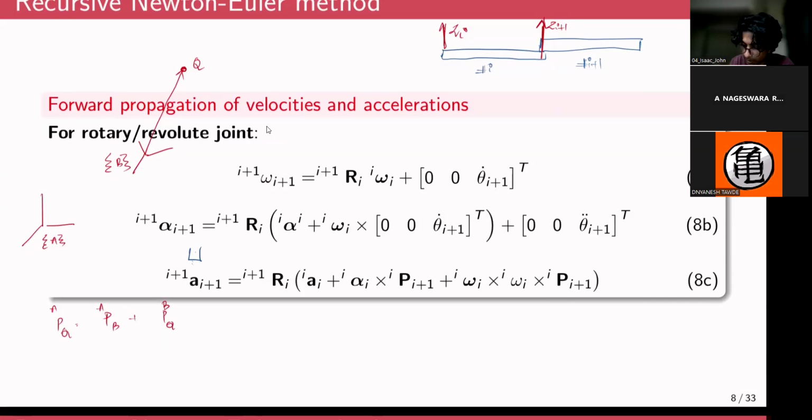This is nothing but a simple vector addition, where this is the position vector of B with respect to A, and this one is the position vector of Q with respect to B, and the total vector is the position vector of Q with respect to A.